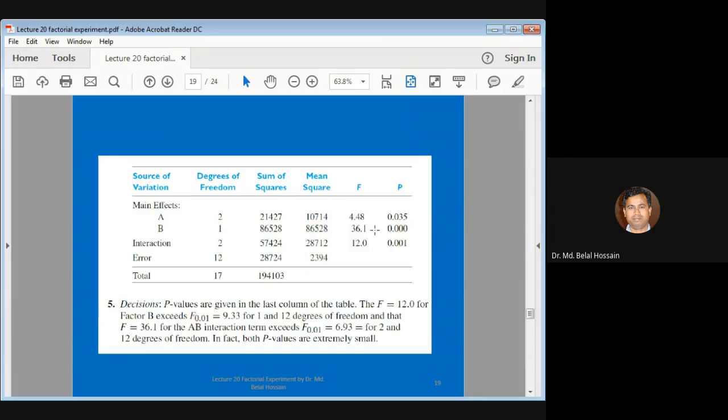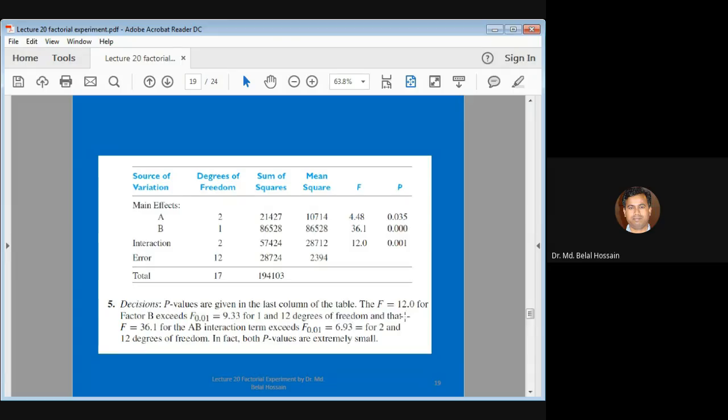Okay, this is the F statistic for B, so it is actually coming from here. If you divide by this one and the error degrees of freedom, it will produce the mean sum of squares and then F. So if you see here, the p-values are actually smaller. The p-values are given in the last column of this table.